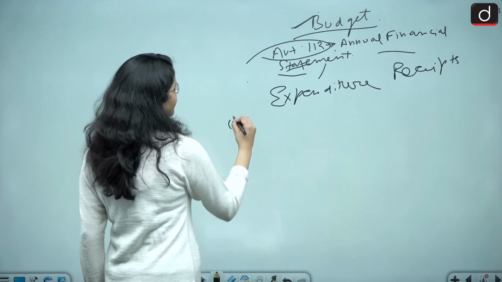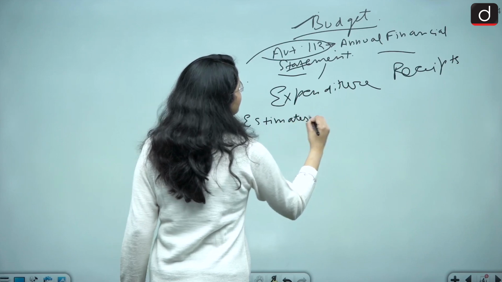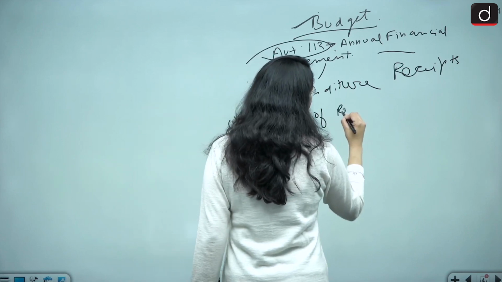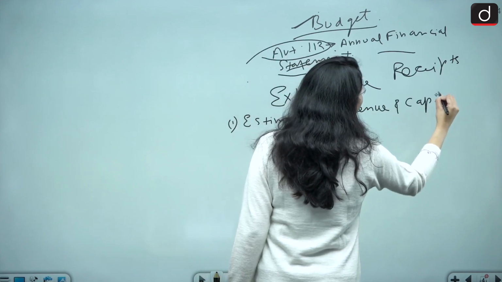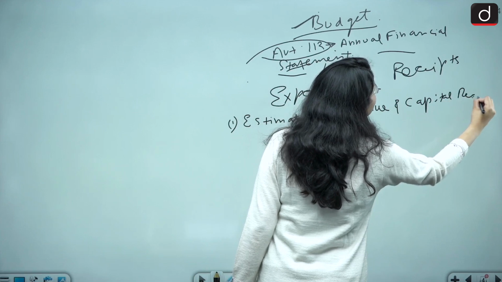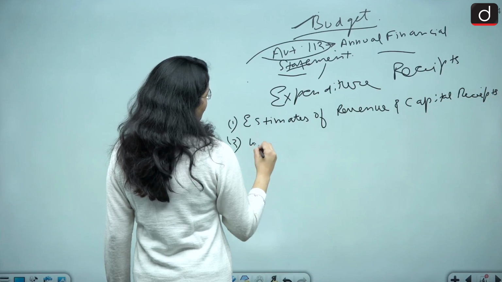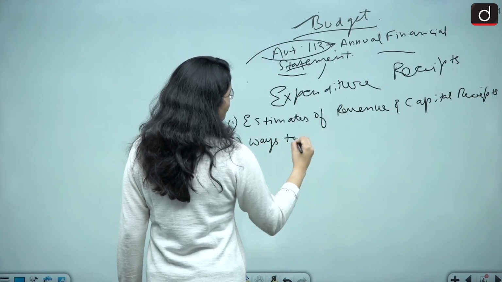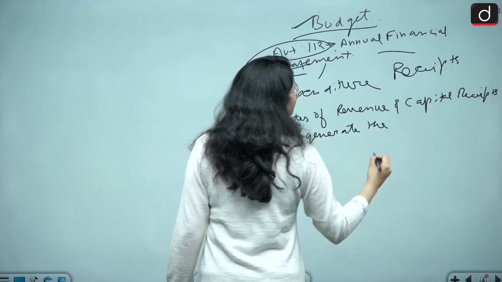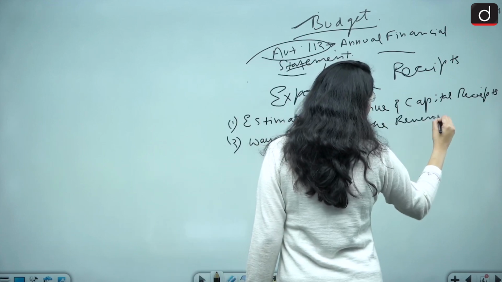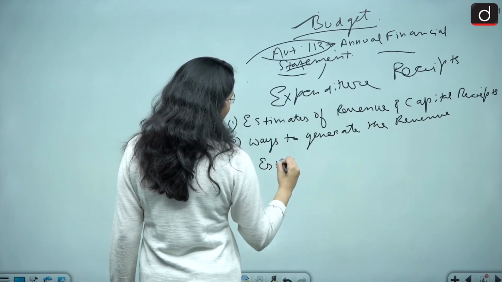So firstly, it will contain the estimates of revenue and capital receipts. Then it will contain ways to generate the revenue. Then it will contain estimates of expenditure.